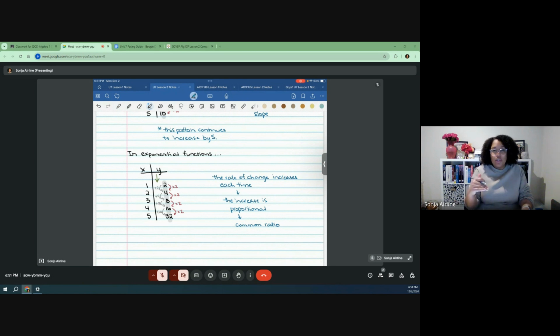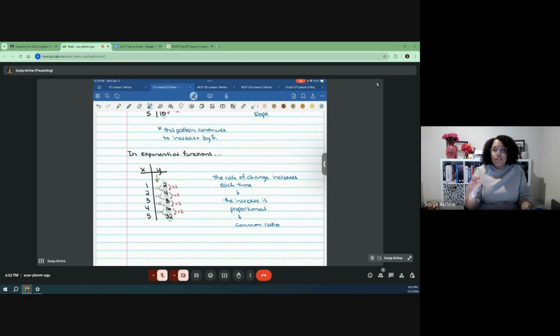First, the change was adding 2, then adding 4, then adding 8, and then adding 16. What we're able to see is that the increase here was increasing. We also take note that that change was happening proportionally.